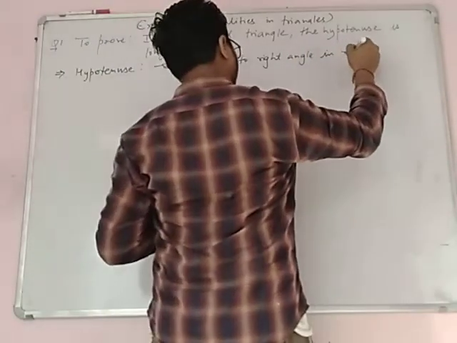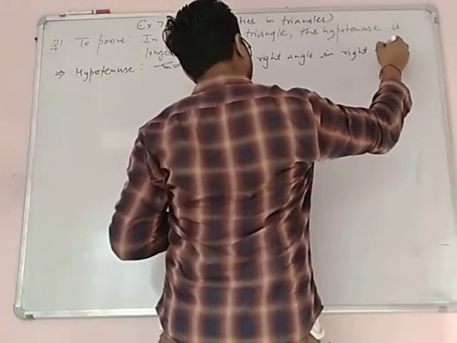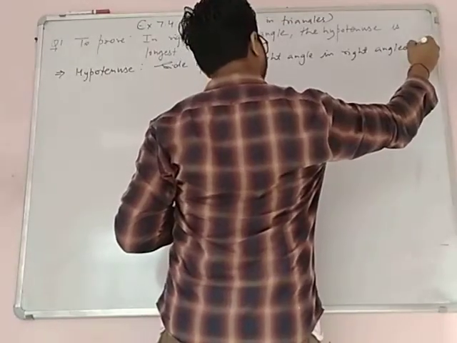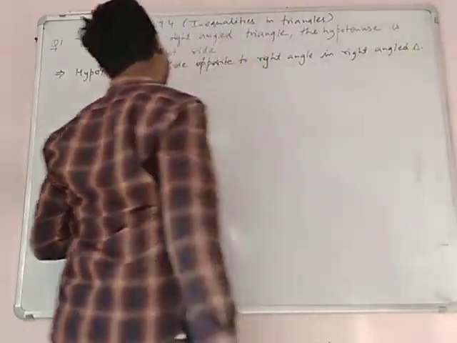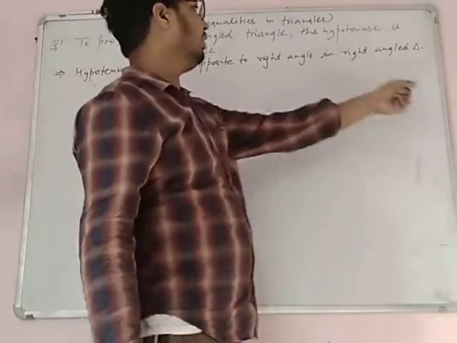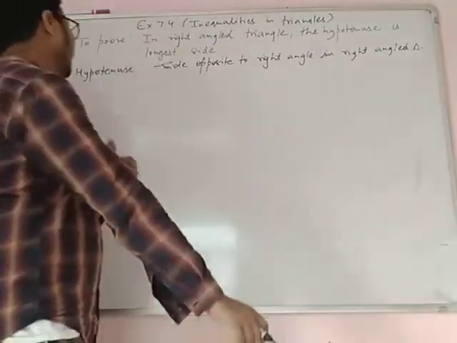In right angle triangle, what is hypotenuse? The side opposite to right angle in a right angle triangle is called hypotenuse.